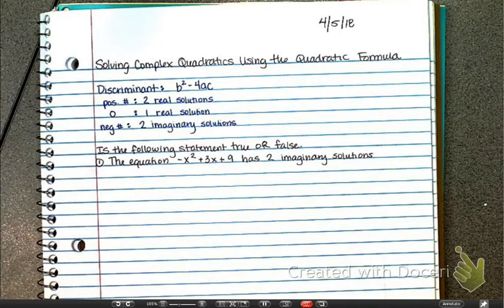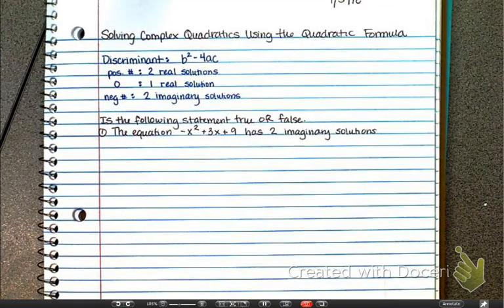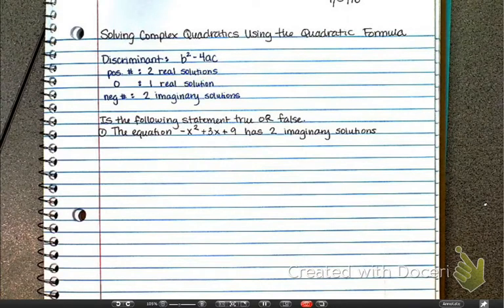So if I give you the equation negative x squared plus 3x plus 9, and I'm saying it has 2 imaginary solutions, how could I determine if that statement is true or false?